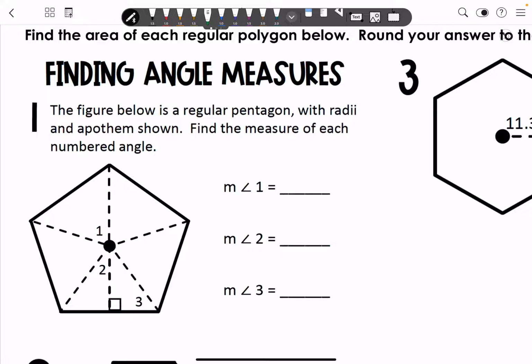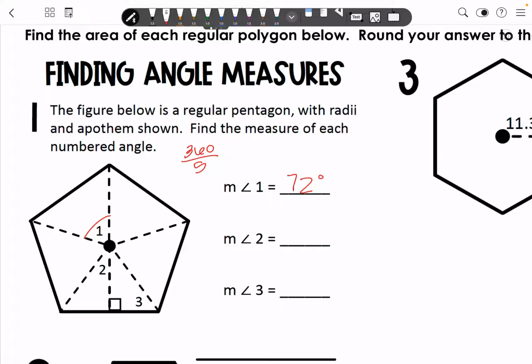All right, so we've got a regular pentagon, which means our central angle, as it said in our definition, is going to be 360 divided by 5. It's divided by the number of sides. When you do 360 divided by 5, you get 72, which means that's how much angle 1 is going to be.